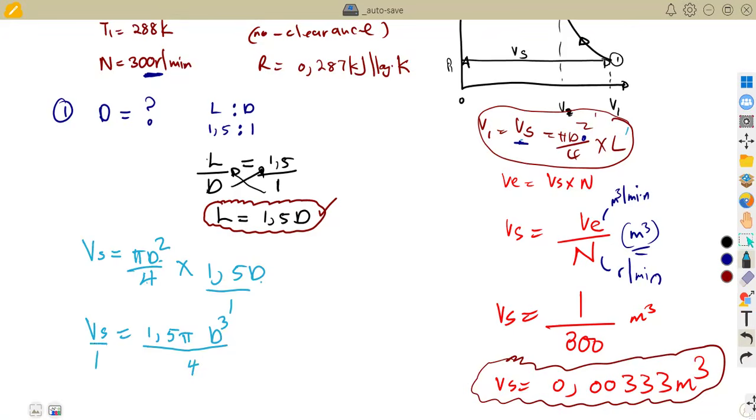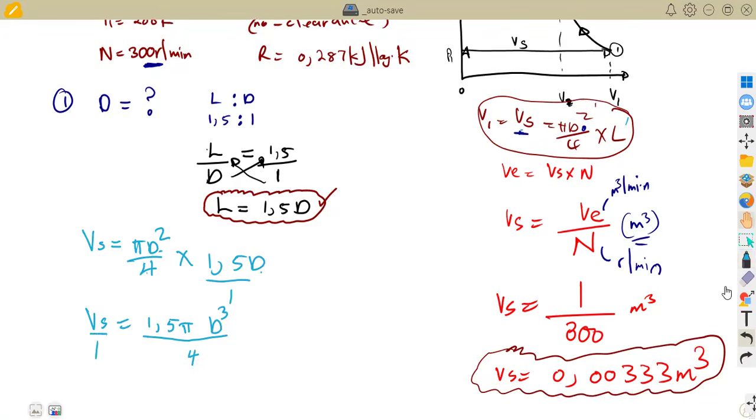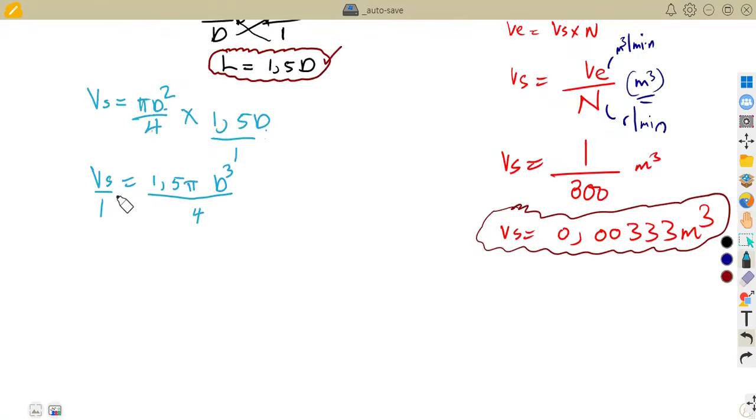Okay, just gonna manipulate here. Mathematical part to manipulate, just cross multiplies. It's gonna be 4 VS. Definitely you're gonna have 1 times this, so it's gonna be 1,5 pi D cubed. So instead, just divide by 1,5 pi. So you divide by 1,5 pi, you remain with what?